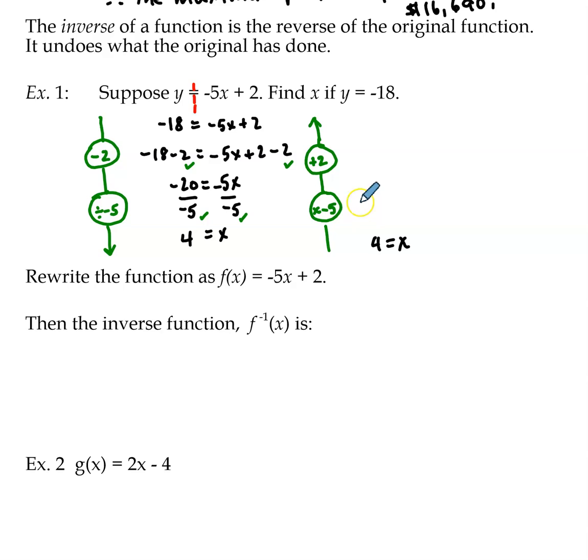So if I multiply both sides by negative 5, I get negative 20 is negative 5x. And if I add 2 to both sides, then I get negative 18 equals 5x plus 2.